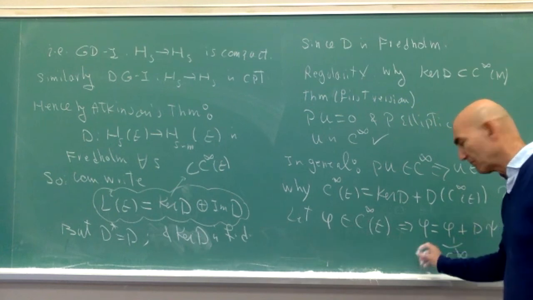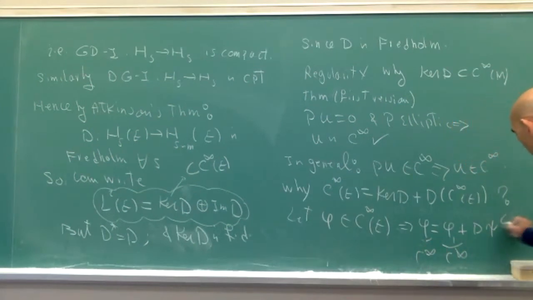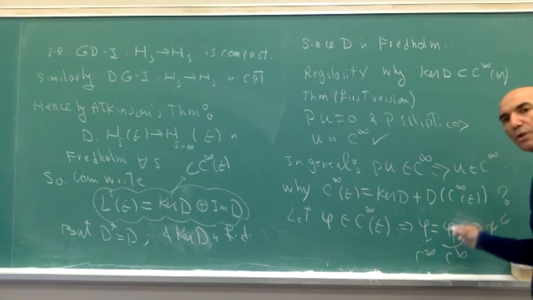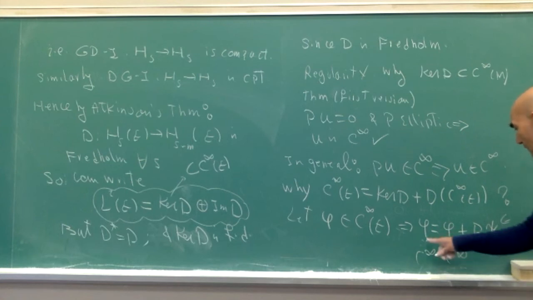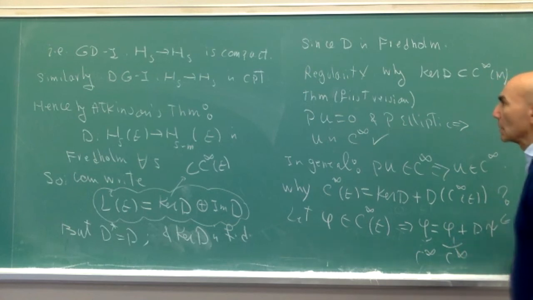This is also C infinity. But this psi a priori is only a Sobolev section. But the difference phi minus phi1 is in C infinity, right? So.